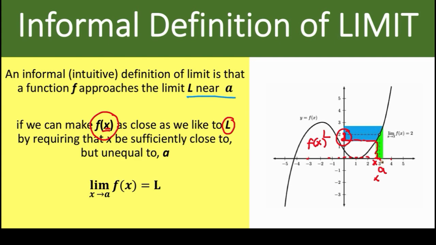So we make this x so close to a, but not equal to a. And so by making this x close to a, our f of x is becoming closer and closer to the limit L. So we can now write this idea in this way.